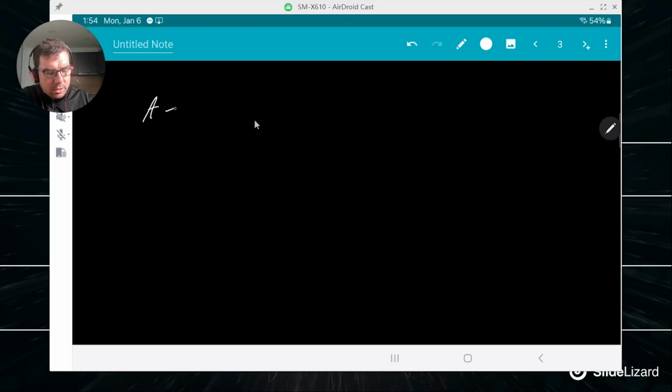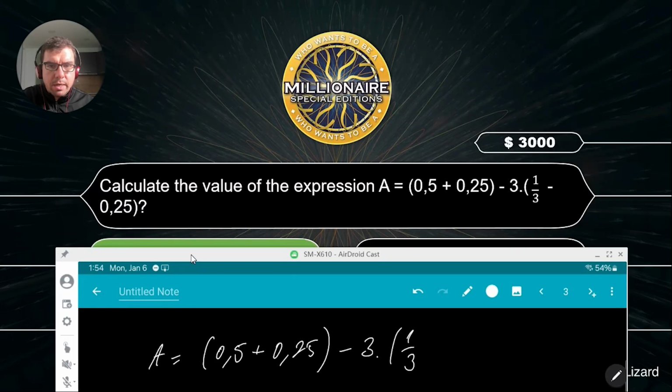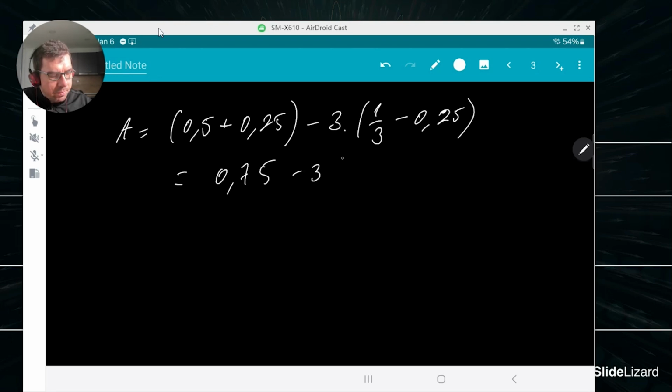So a equals 0.5 plus 0.25 minus 3 times 1/3 minus 0.25. I add the first two decimals, 0.75, and then I copy minus 3, and I need to perform the difference that is in the bracket.